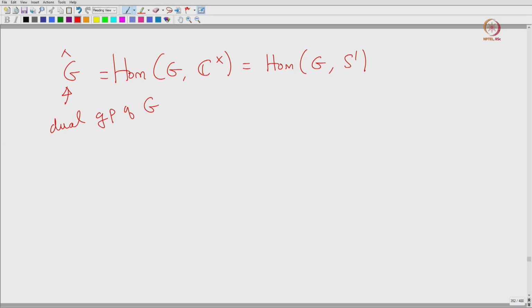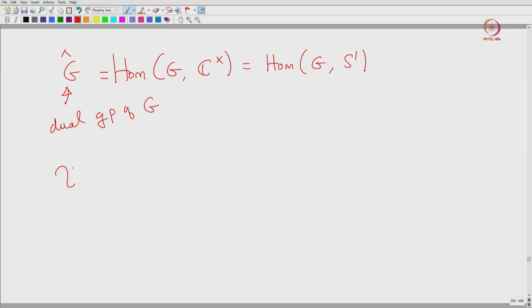Ultimately what we want to prove is that the dual group is indeed isomorphic to G itself whenever G is an abelian group. So, what is the group multiplication in G hat? The group multiplication is given by pointwise multiplication.